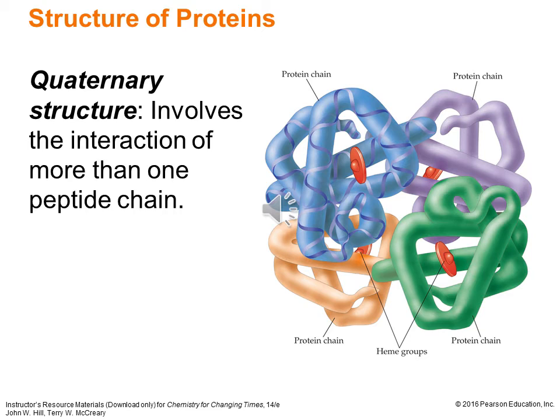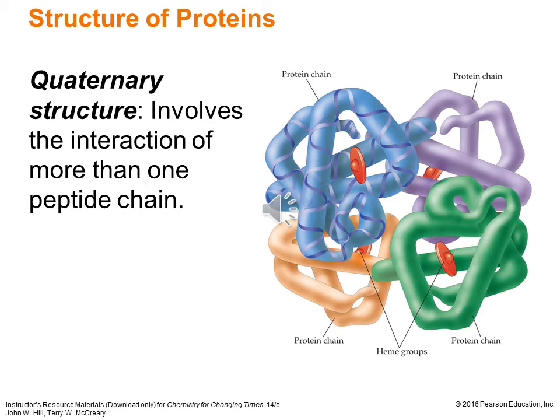And now finally, we've worked our way up to quaternary structure, this highest level of structure of proteins, and that involves the interaction of more than one peptide chain. So we have a tertiary structure, like we saw in the previous slide, of one protein chain, and then you have another subunit, or in this case, three other subunits that come together in such a way that they are able to interact in 3D space to form this overall protein.